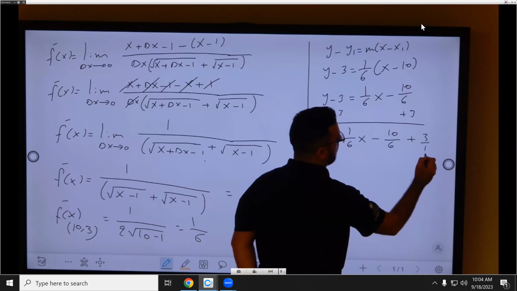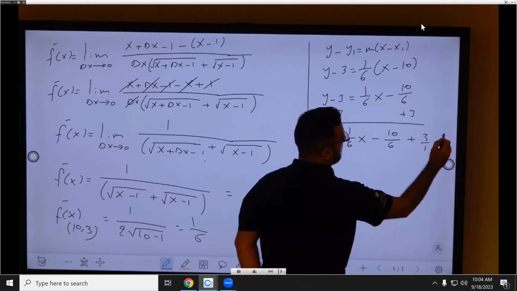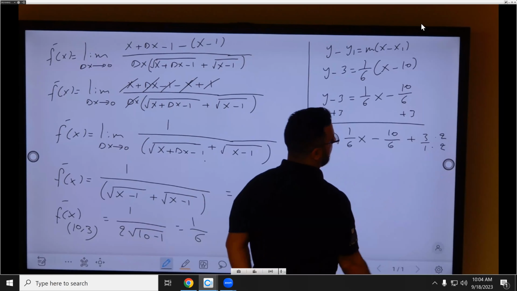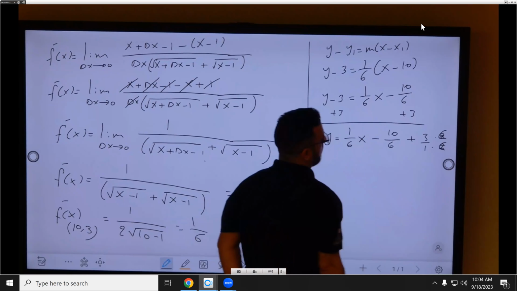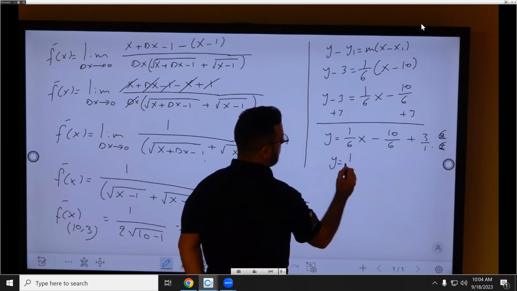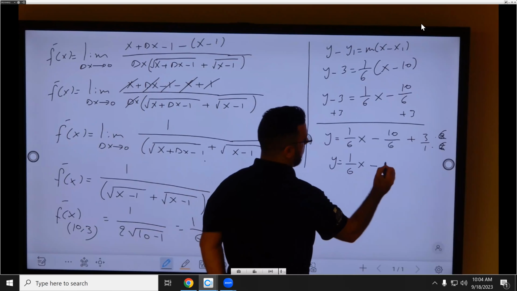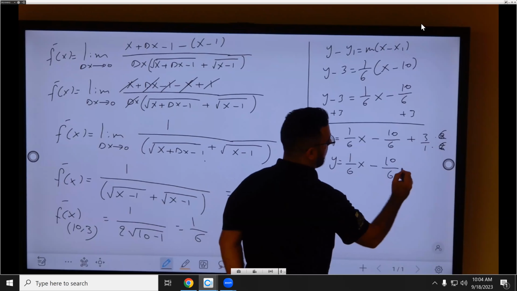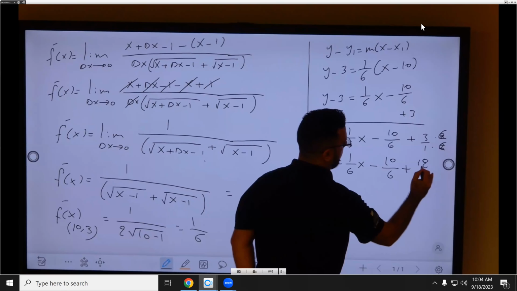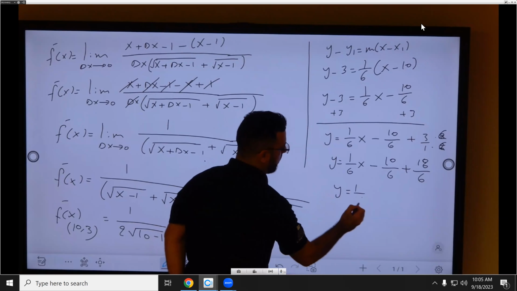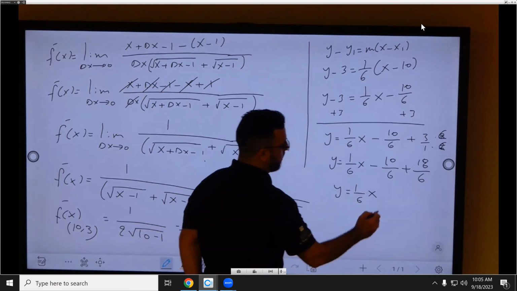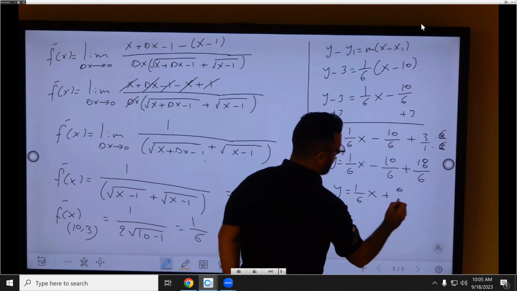Can I write down 3 over 1? Times by, no, times by 6. The y is going to be 1/6 x minus 10 over 6 plus 18 over 6. That means y is going to be 1 over 6 x plus 8 over 6.